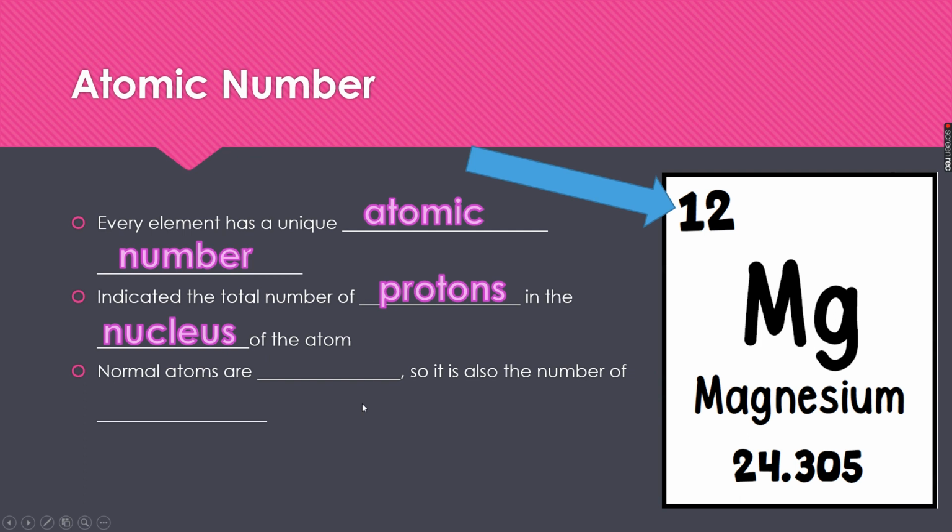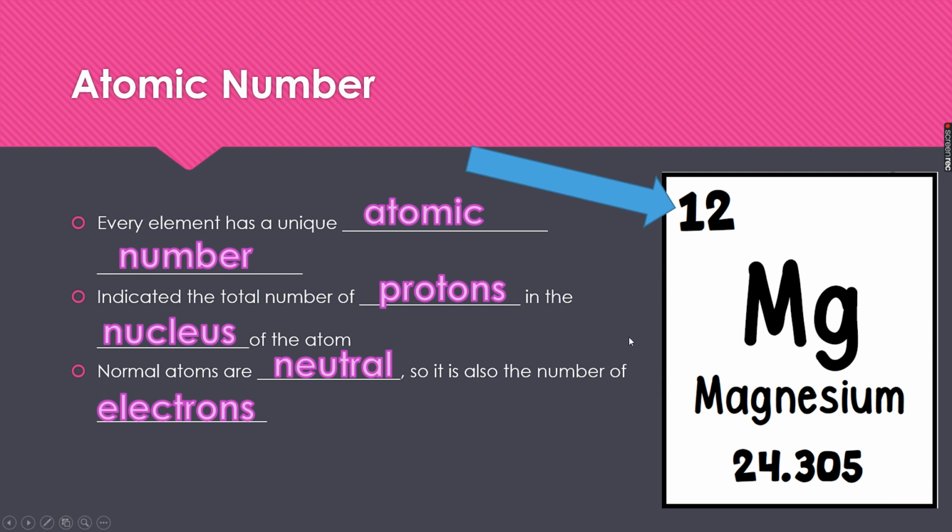Now, normal atoms are what we call neutral, electrically neutral, which means that they don't have a charge. So remember that protons are positively charged, so this gives me positive 12. Now to get to 0, what do I have to have? Well, in mathematics, I have to have a negative 12. And remember, what are negatively charged are my electrons.